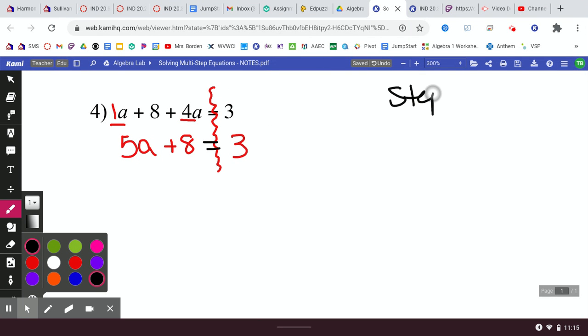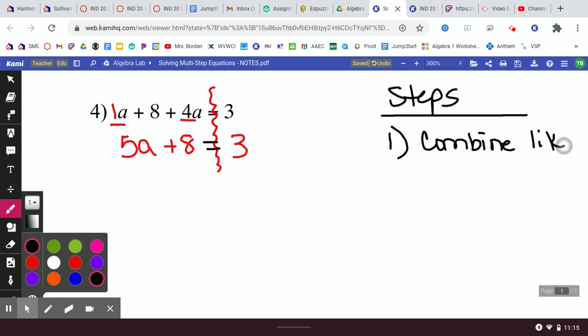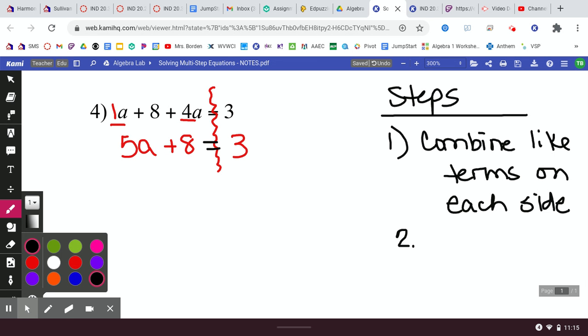All right. So the first step, when you have anything on the same side of the equation, if you like to write out steps, this is really going to help you, okay? So step one is always to combine like terms on each side. So if there are like terms to combine, first thing you want to do is combine like terms.